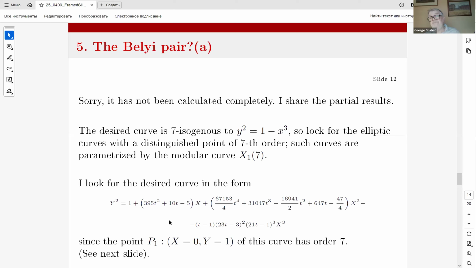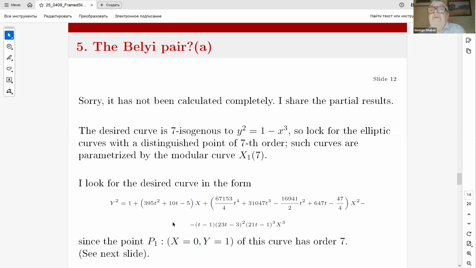So I parameterize all the curves for which this point is the point of order 7.